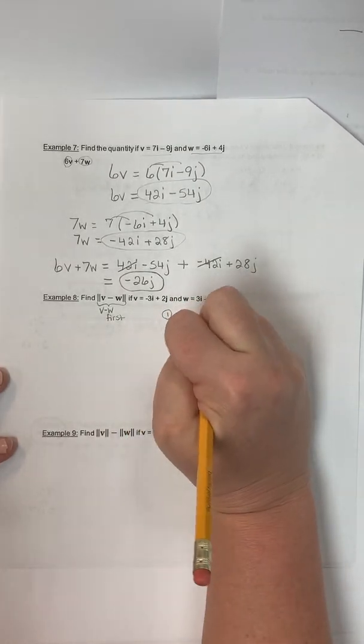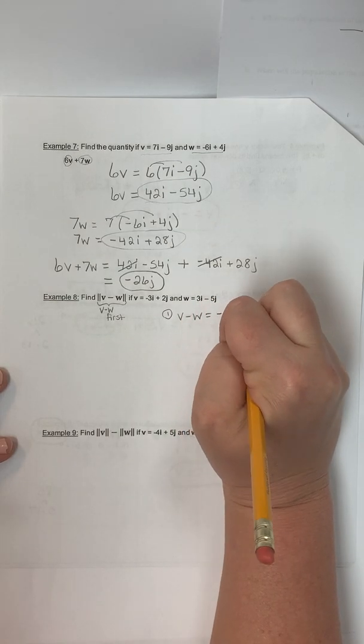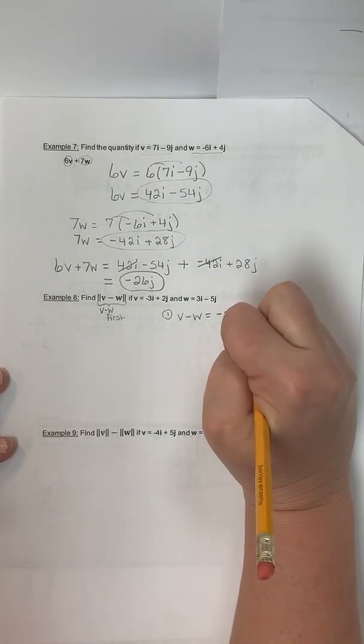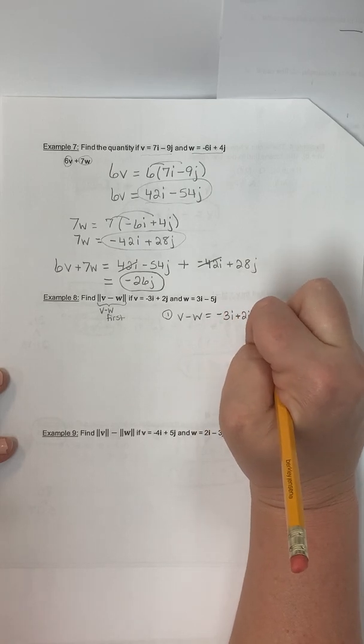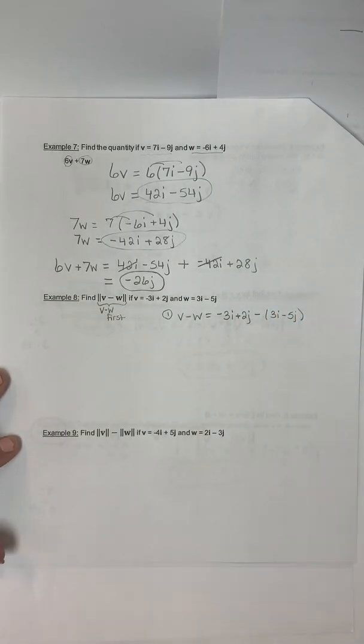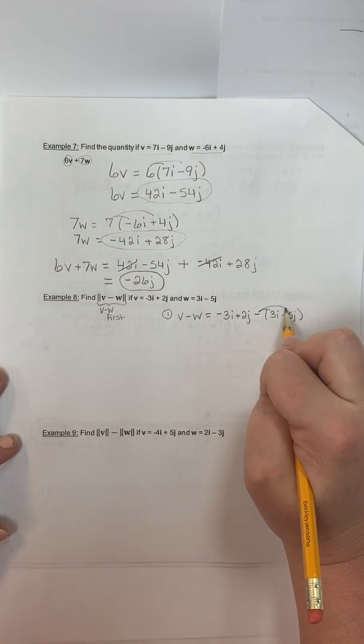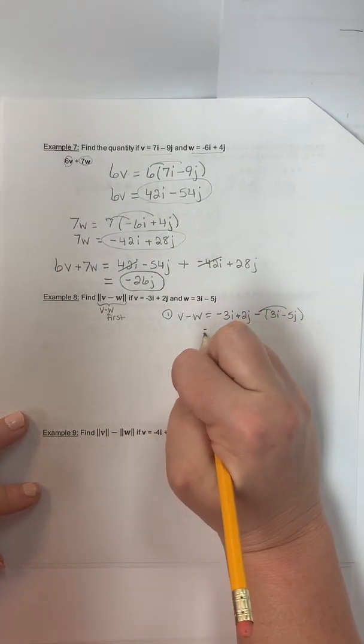So our first step is going to be v minus w. So I'm going to have negative 3i plus 2j, that's my v, minus my w, 3i minus 5j. Now I did it like that because I wanted to remind you that there's that secret step where we have to distribute that negative through there.